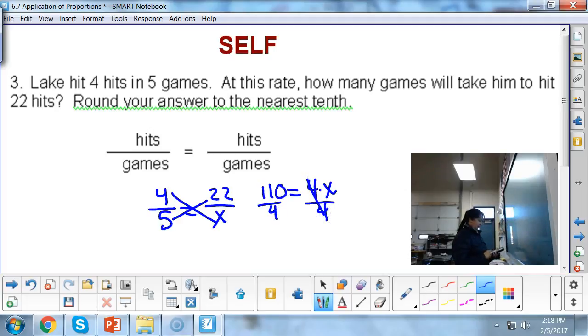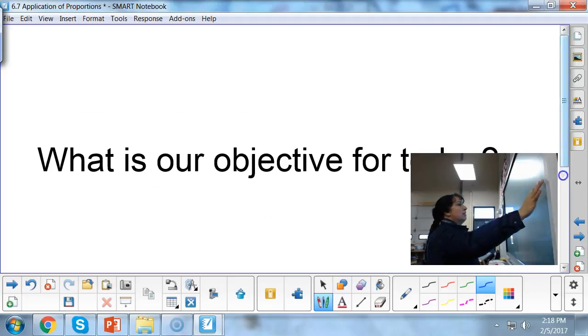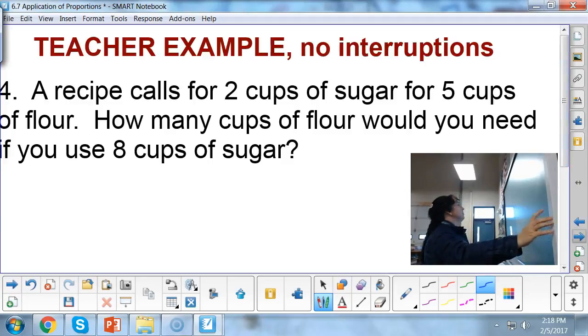I have 110 divided by 4, and I get 27.5 games. Okay, that's how long it would take him. Okay, hopefully you got that, and if not, you know why. So go ahead and think about what our objective was today and what more we need to do.